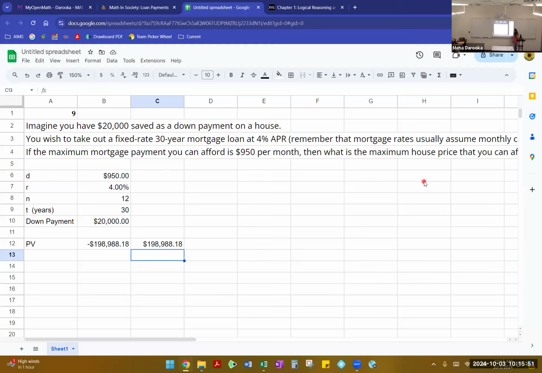Because 950 is the payment amount, right? So this is what we can comfortably give the bank to pay off our mortgage loan. So which makes sense, to add 20,000 to this and we can say, oh, we can go up to a $200-something thousand home? Or do we say, you know what, we can do 198, but if we do 20,000 subtracted from that, your payments will actually go down?